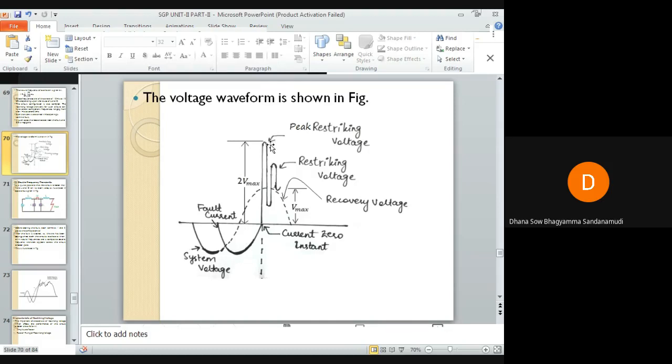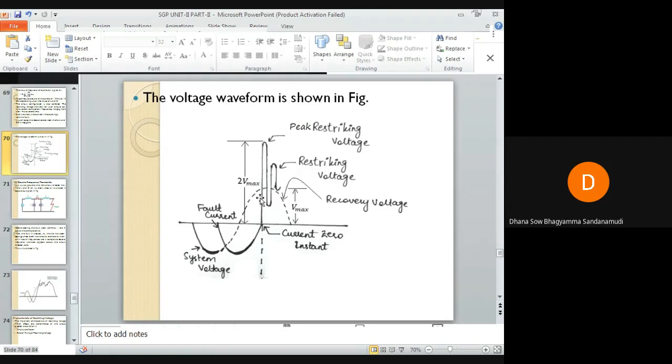So amplitude factor is the ratio of the peak of the transient voltage to the peak of the system frequency voltage. What is the system frequency voltage? You can see here, this is the system voltage, a sinusoidal waveform. So what is its peak? This is the peak value, the peak of the system voltage. So amplitude factor is the peak of the transient voltage by the peak of the system voltage.